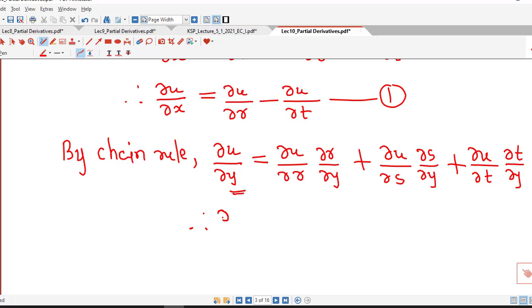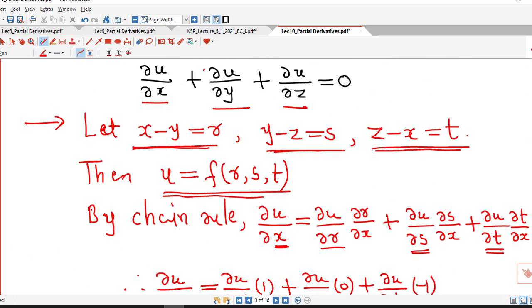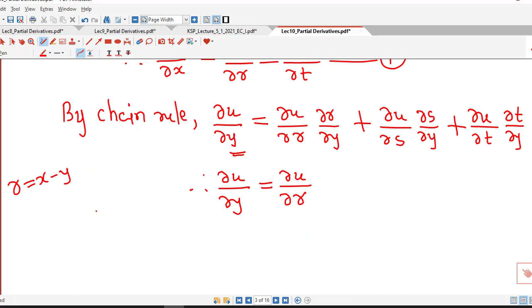Therefore del u by del y equals, we don't know what u is, so we keep del u by del r as it is. r is x minus y, s is y minus z, and t is z minus x.